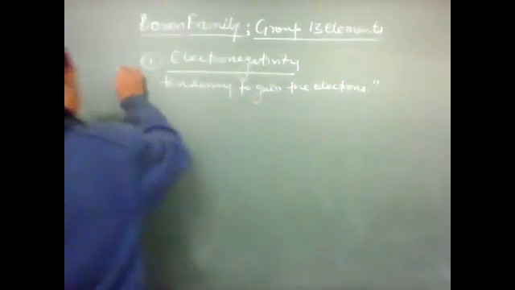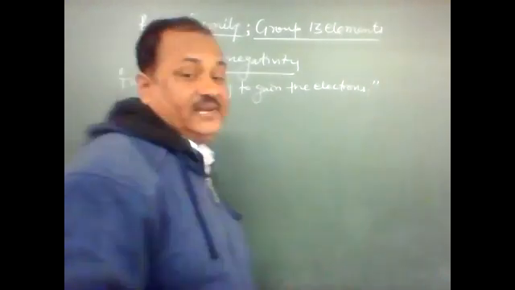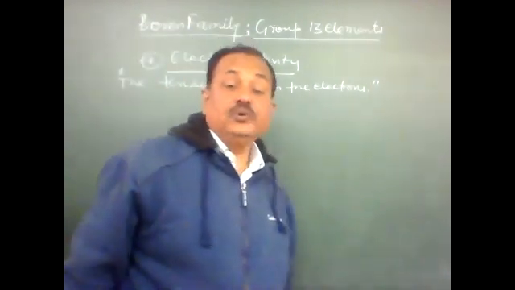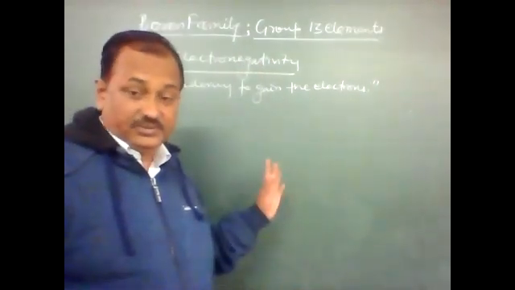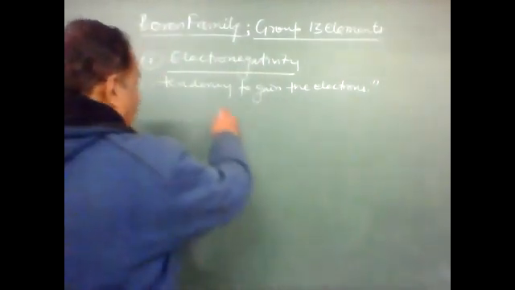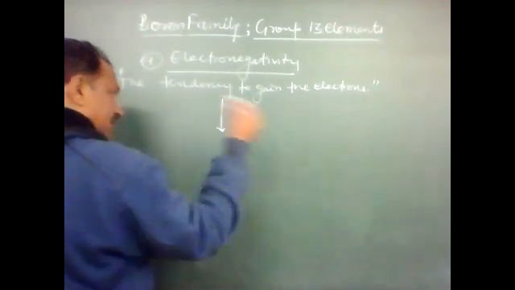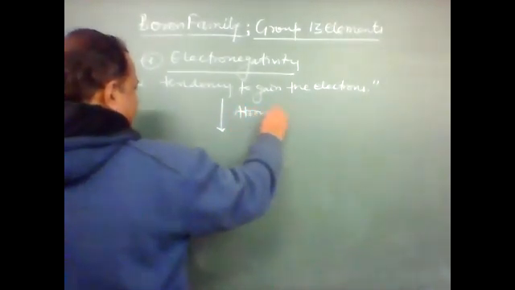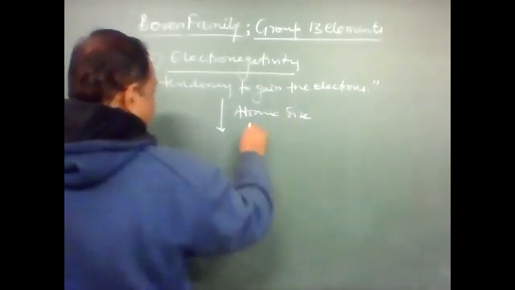It is the definition. Tendency to gain the electrons is called electronegativity. So children know this, that on moving from top to bottom in any group, atomic size increases.